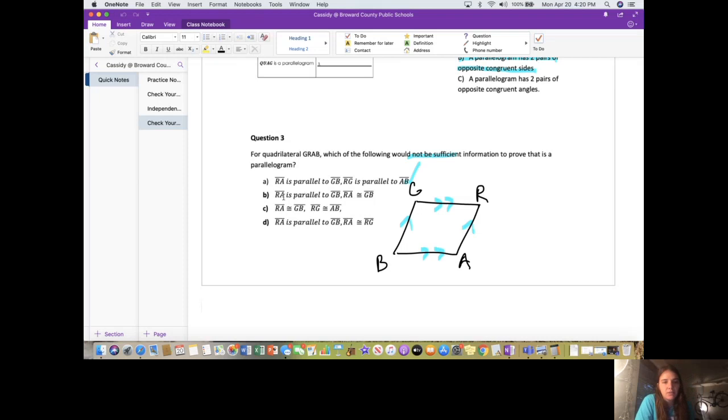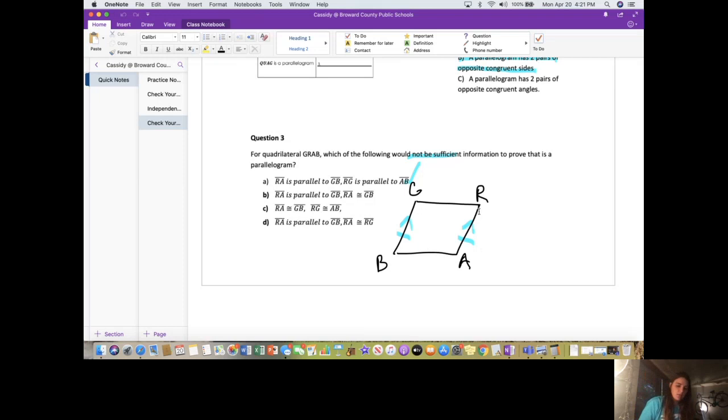All right, answer choice B says RA is parallel to GB. Okay, and RA is congruent to GB. So it's saying that one side is parallel and congruent. So if we know that they're parallel and congruent, okay, that doesn't say anything about the other side, okay?